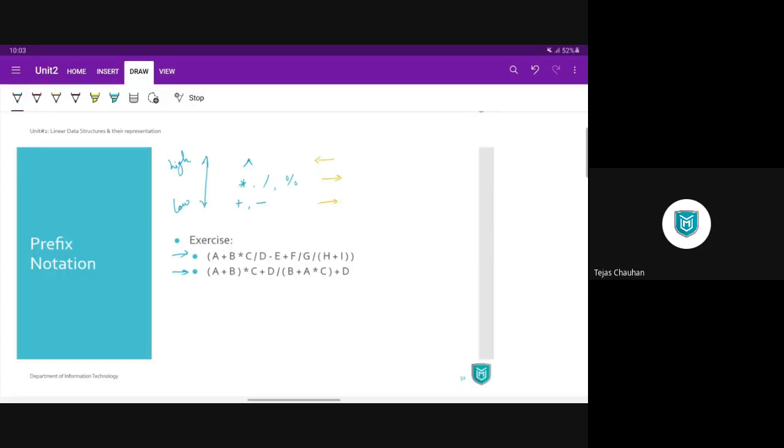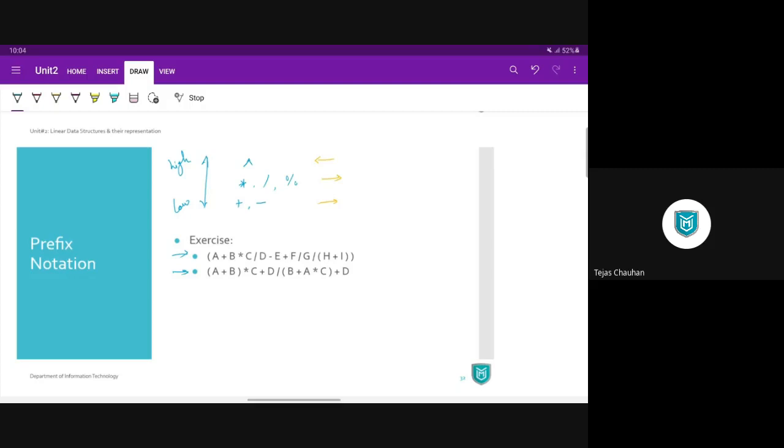Then divide FG, divide plus HI. Yes, Harsh, your answer is the correct one. Go for the second exercise. Yes, Jwalant has given the correct answer also.